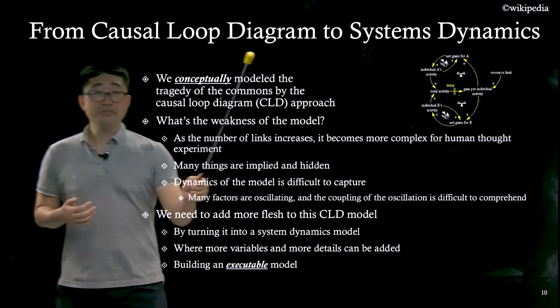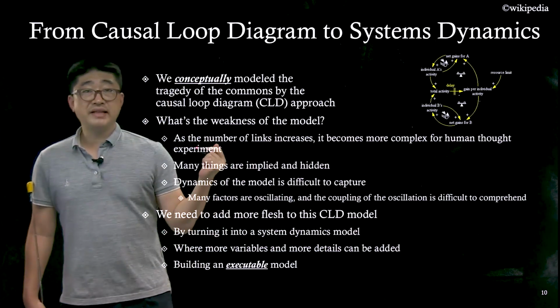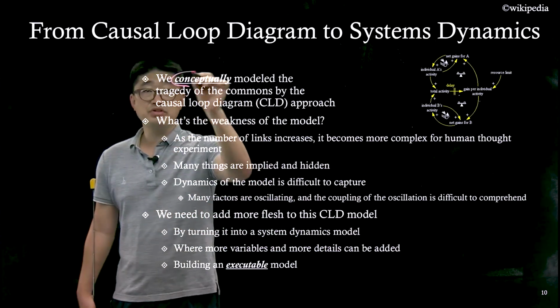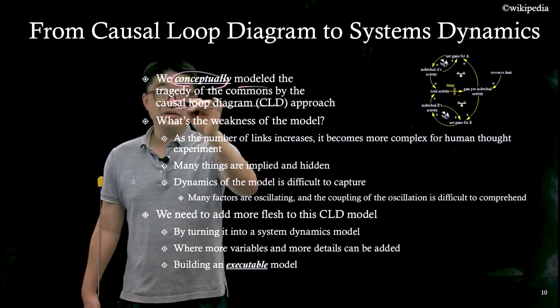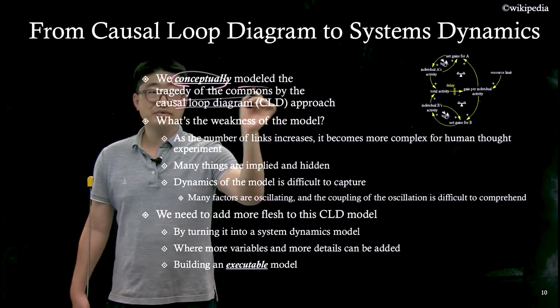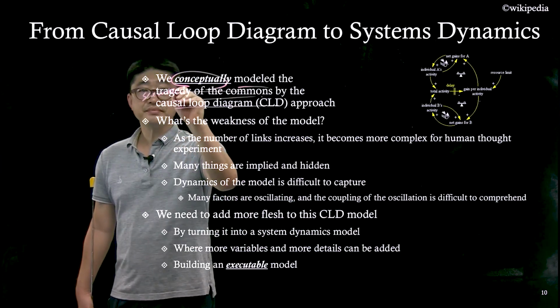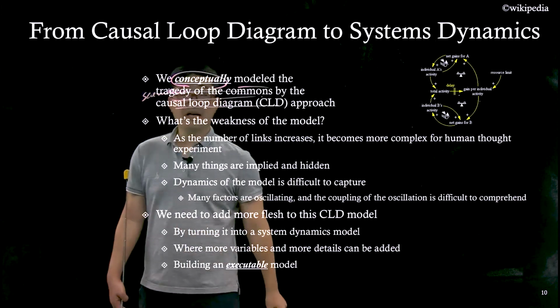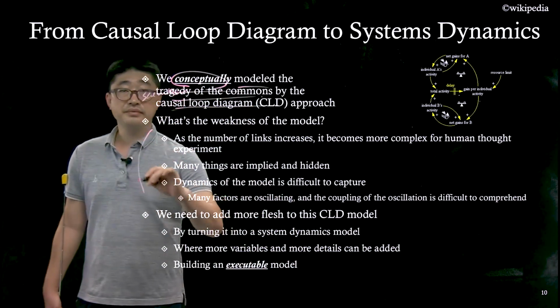So, from causal loop diagram to system dynamics: a causal loop diagram is excellent for conceptually modeling a certain scenario. Here it shows the tragedy of the commons as a scenario with a causal loop diagram approach. However, what's the weakness of the model?